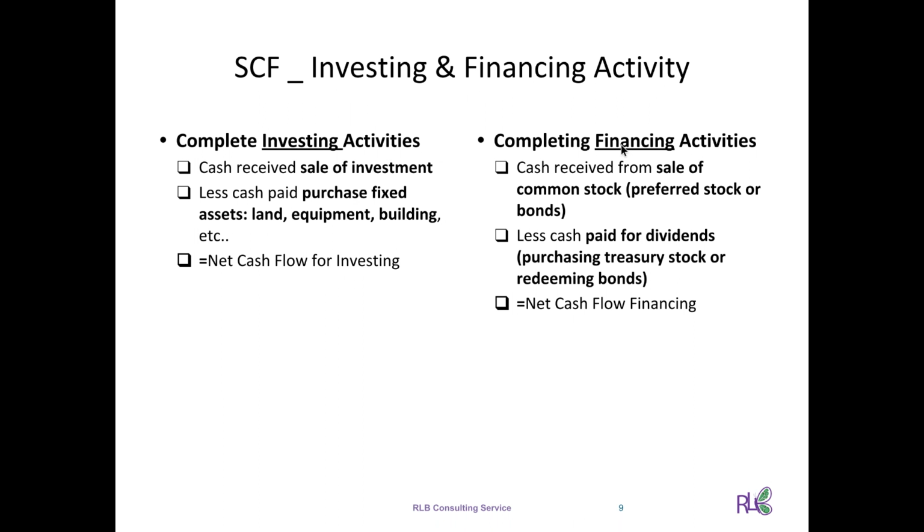Very straightforward and simple. Financing activities has to deal with common stock, preferred stock, or bonds, selling those, and then paying out dividends or purchasing treasury stock back, and then redeeming bonds. It could also be cash received for selling treasury stock, but again, your examples don't go that far. And then you will have a net cash flow from financing.